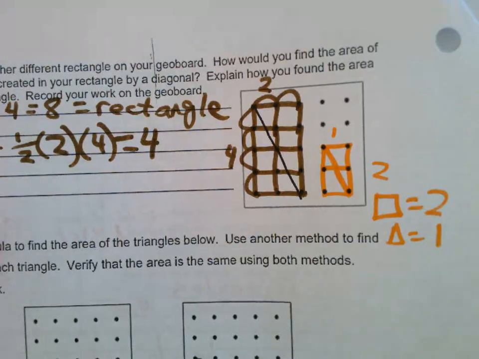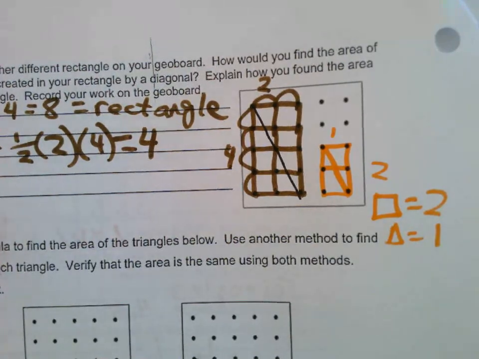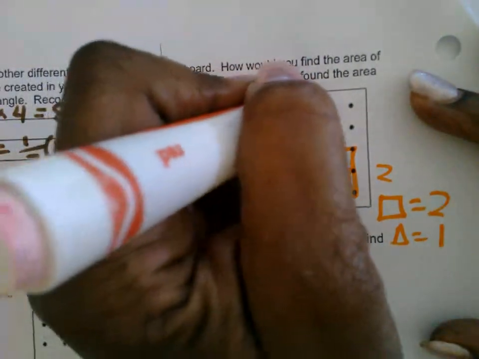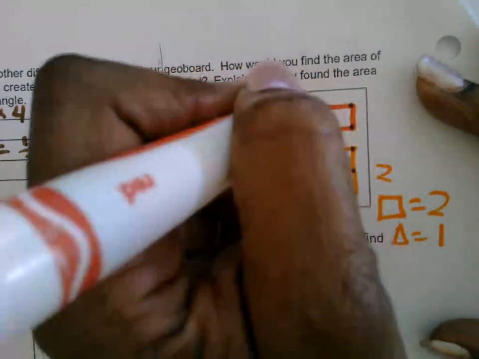So now I'm just adding different quadrilaterals on this geo board.